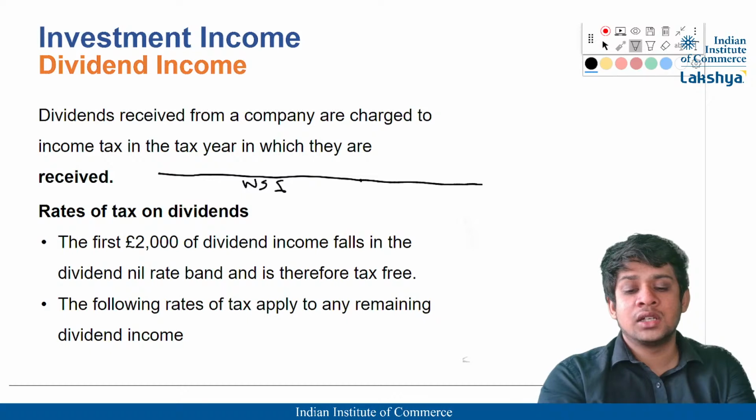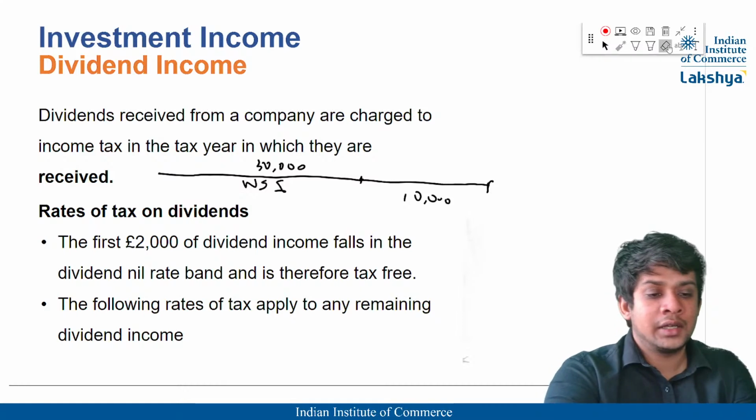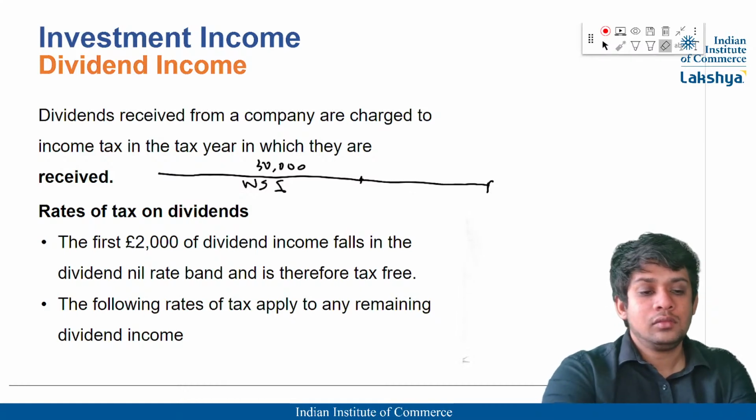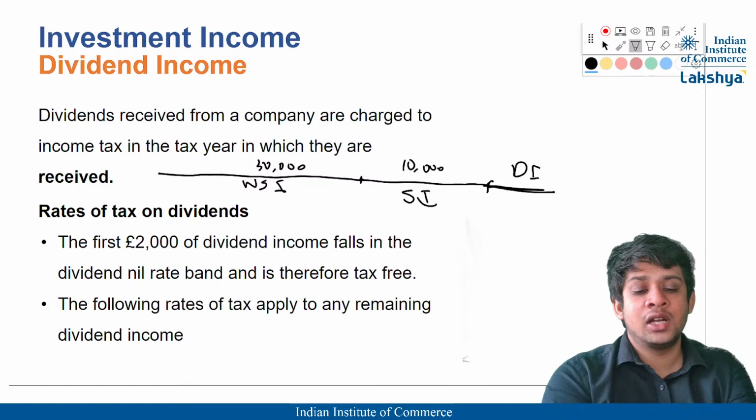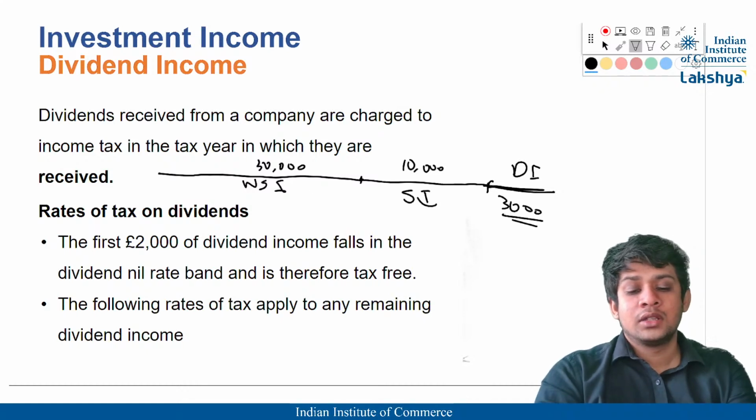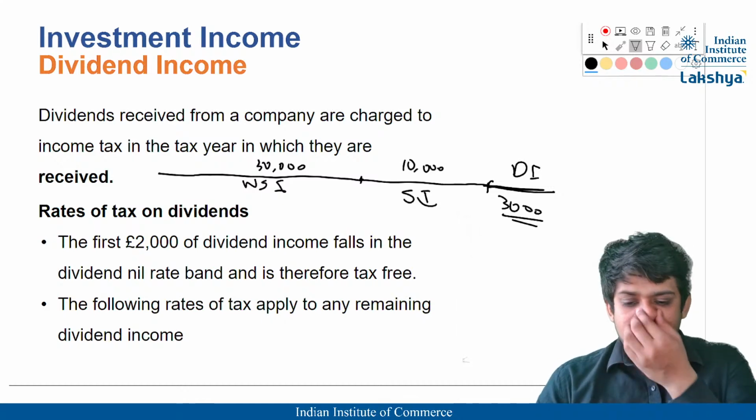Say my next savings income is another 10,000. And after that, last will come my dividend income, which is maybe 3,000. That is how we are supposed to deal with it.